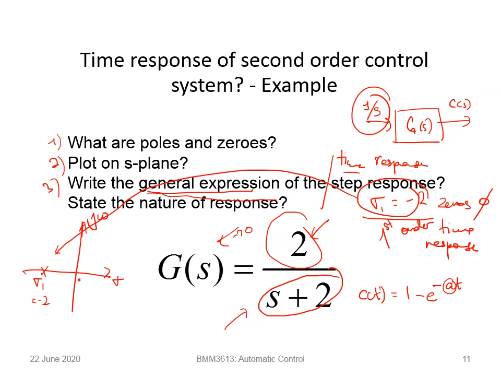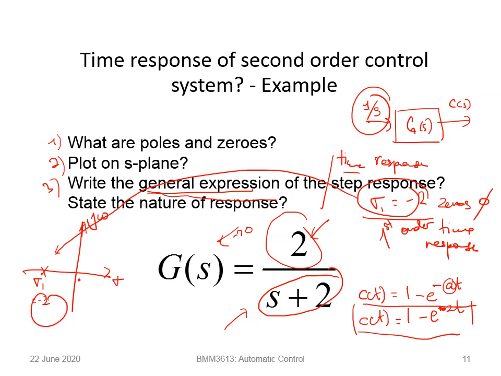So what is the value of A now? A is minus 2. So our time response will be c(t) equals 1 minus exponential of minus 2t. I'm sorry, it's not minus 2t, it's 2t, because A is minus 2.